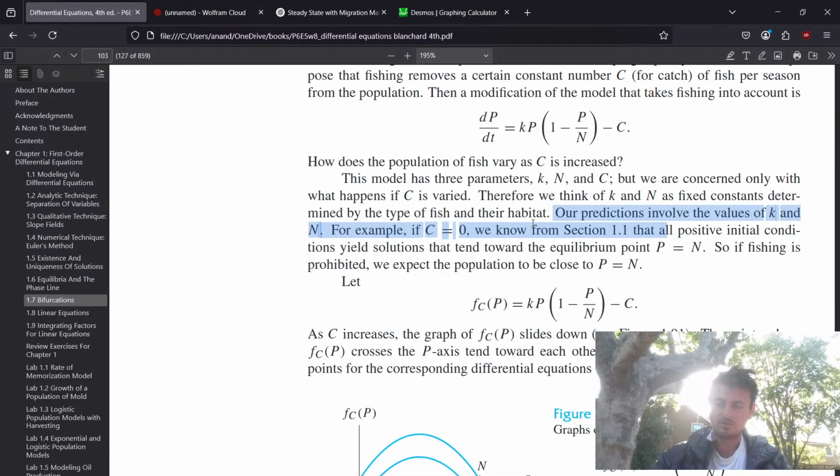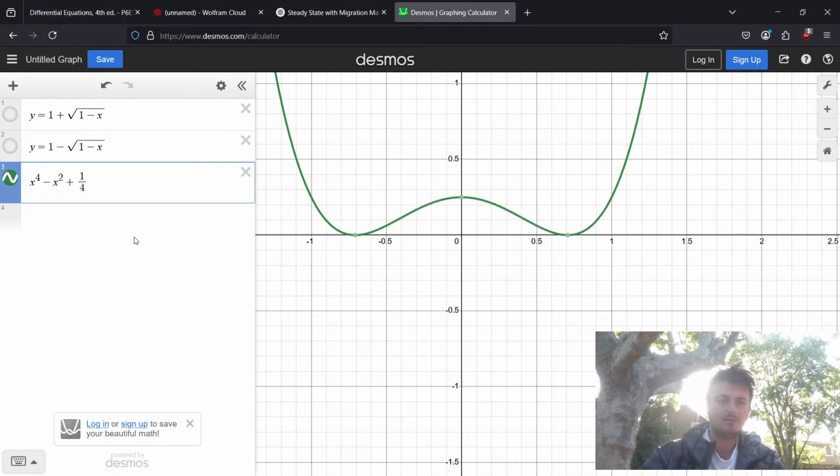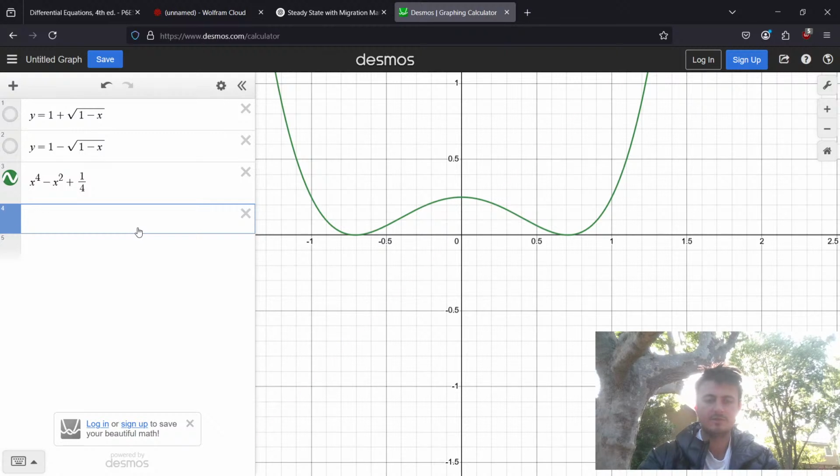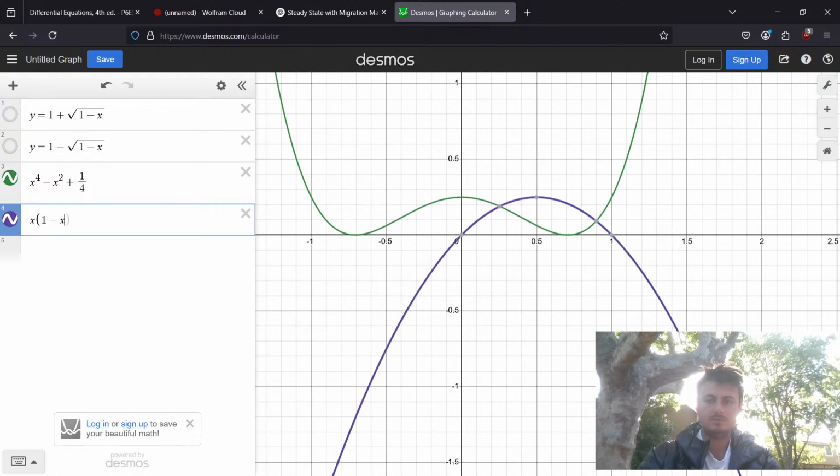Let's just take the normal logistic equation. So if we type in here, oops. I don't know what I just did. Oh, but we're talking about solutions.